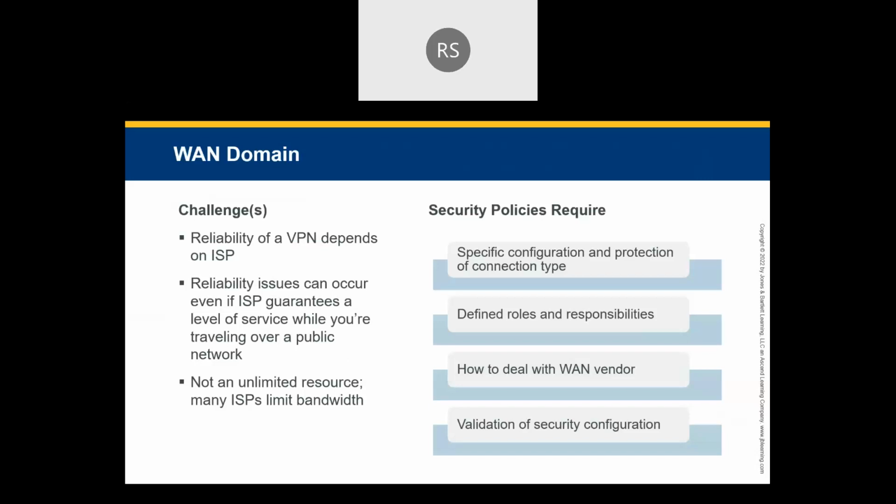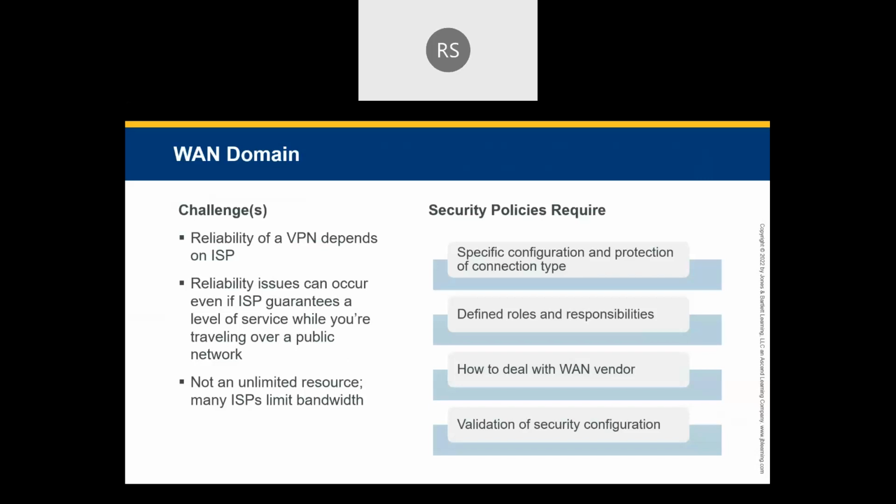Some of the security policies that should be implemented: the security policy should define the specific configuration requirements for establishing VPN connections over the WAN. This includes using encryption protocols, implementing strong authentication mechanisms, and configuring the secure tunnel.